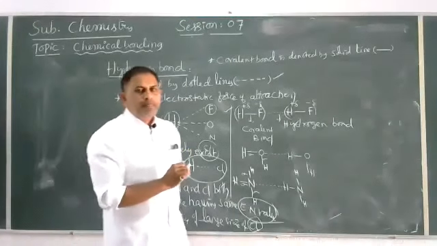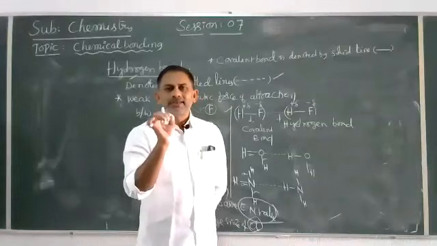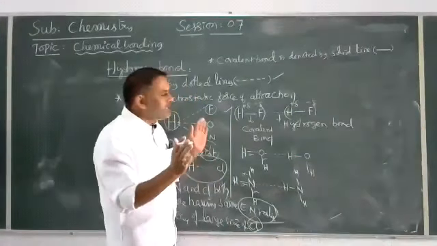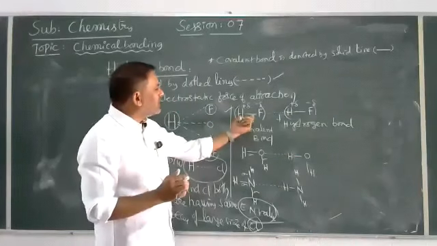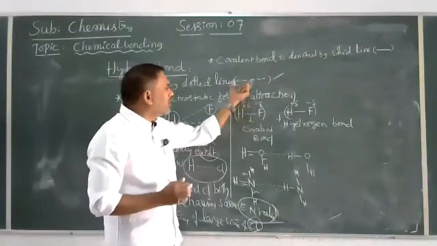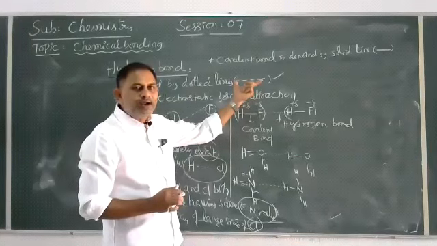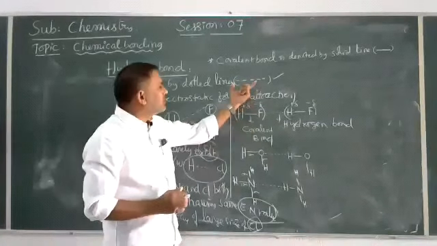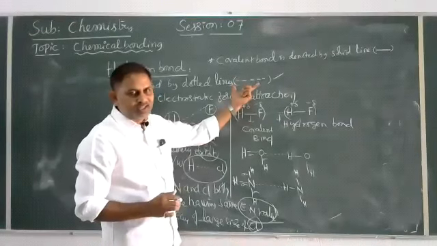So finally, here a hydrogen bond is denoted by a dotted line, and its bond length is greater compared to the sigma covalent bond. When bond length increases, bond strength decreases. So covalent bond strength is more than hydrogen bond strength.